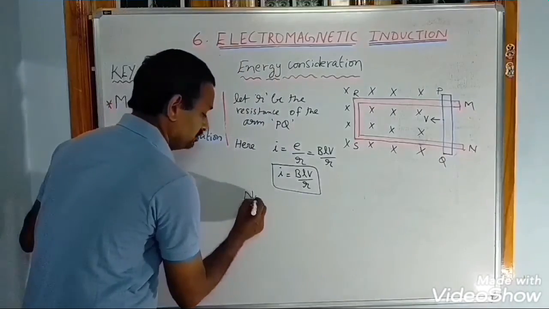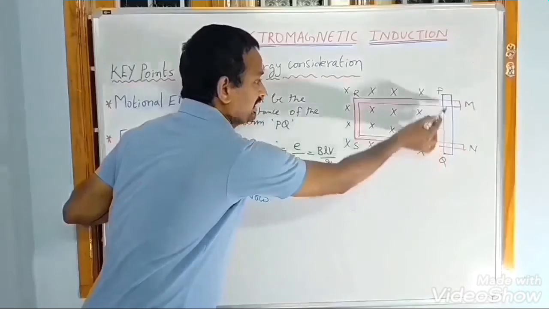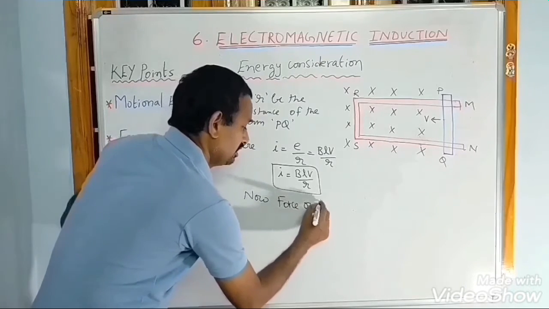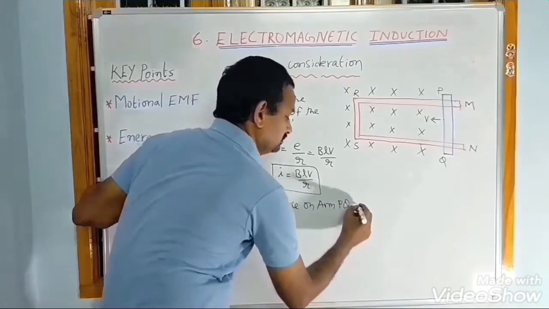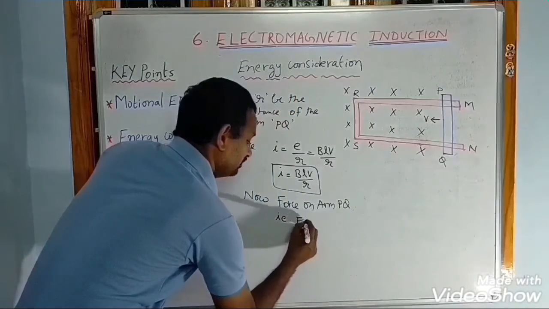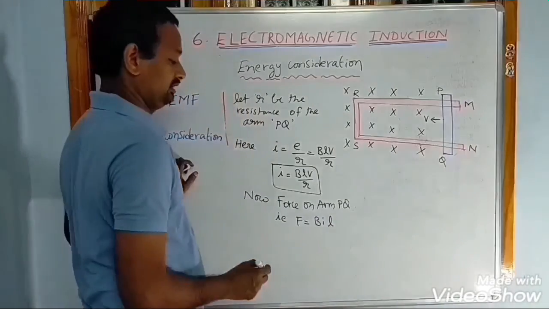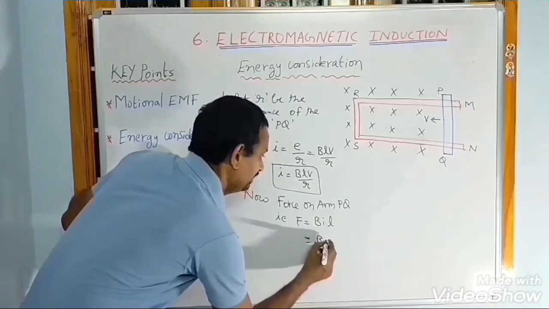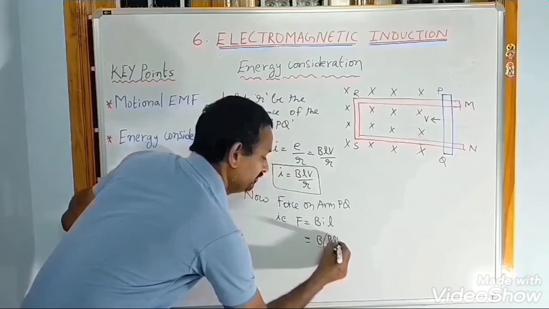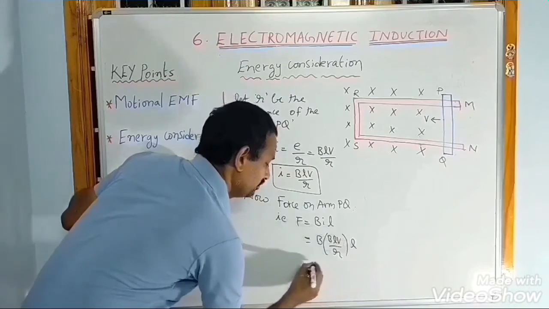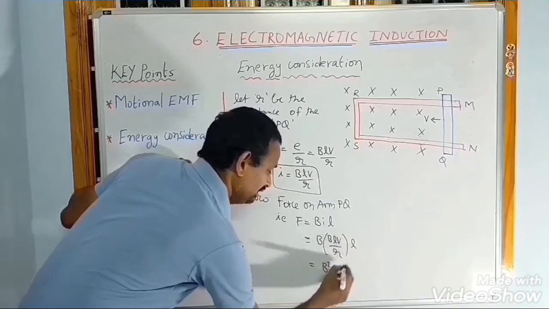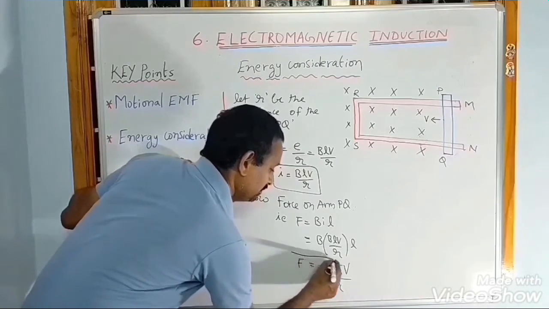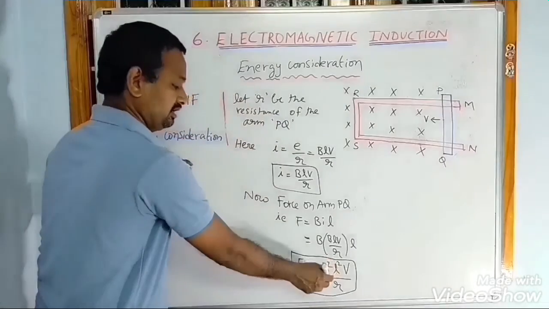Substituting I equals BLV by R, we get F equal to B into BLV by R into L, so F equals B square L square V by R.